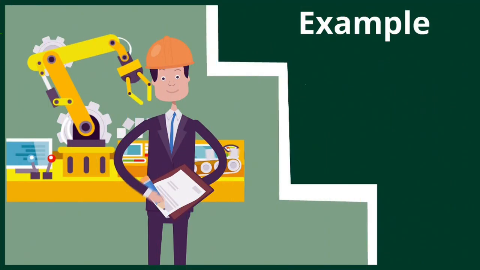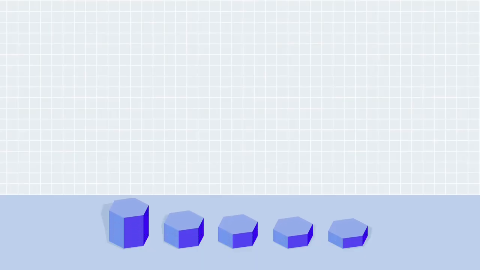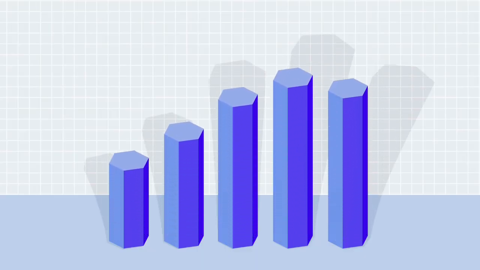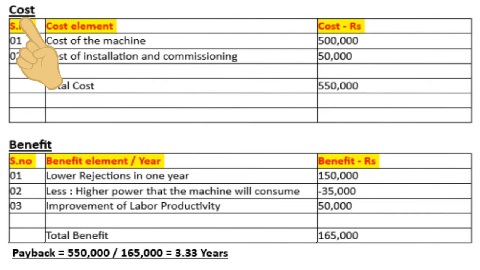Example: you are proposing an improvement in a machine in your shop floor that you expect to reduce the rejections in that process. You also expect an improvement in productivity with the new machine. Cost. Cost of the machine is equal to 5 lakh. Cost of installation and commissioning is equal to 50,000. Total cost is equal to 5,50,000.